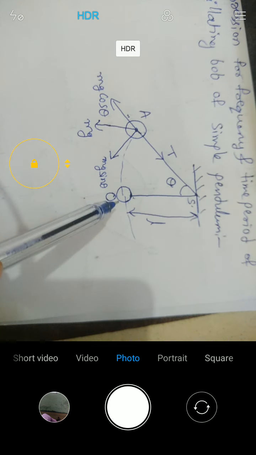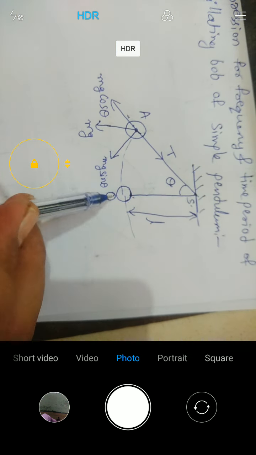Then suppose the length of that thread is L, and SO is the length of the thread, and O is the mean position of the bob, the constant position of the bob at rest. Then let the bob be set into oscillation to position A, with respect to the displaced position of the bob at any instant of time t, the direction of the motion is towards its mean position.